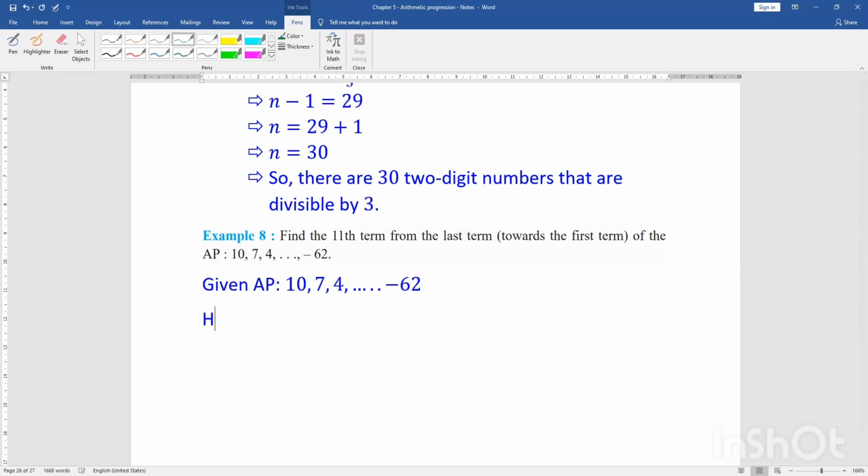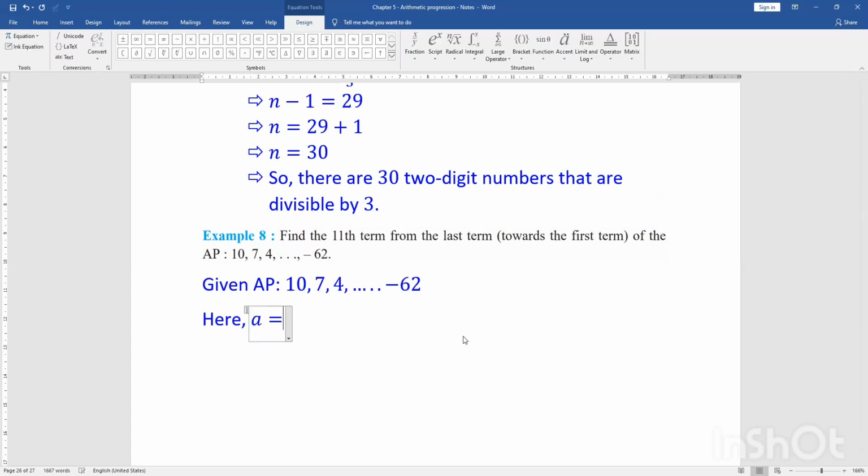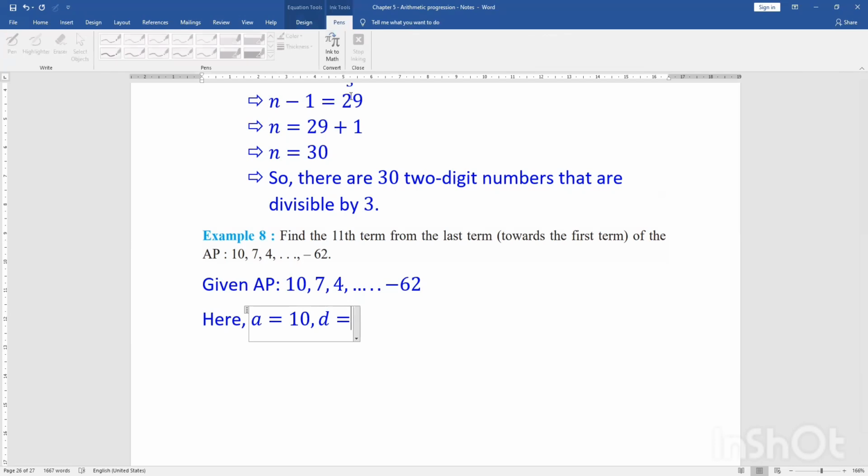Now here, what are our findings? Let us write out. What is the first term, children? A. A value is 10, first term. And what is the value of D? D is the common difference. So it is 7 minus 10, which is equal to minus 3.